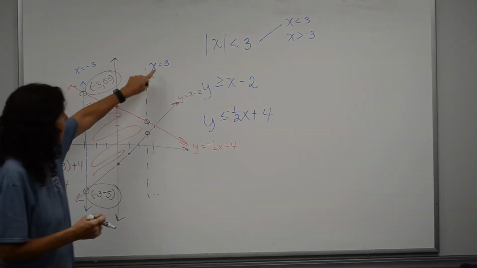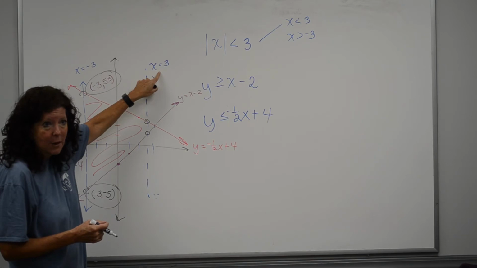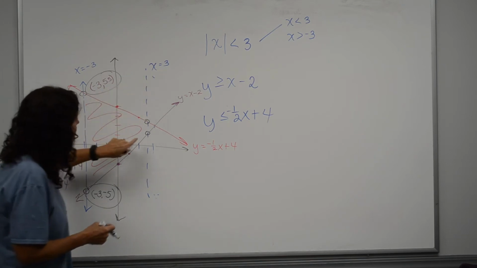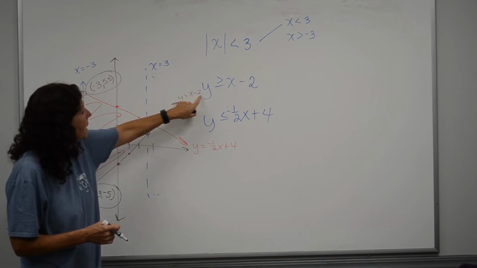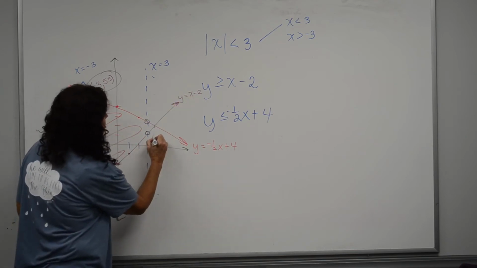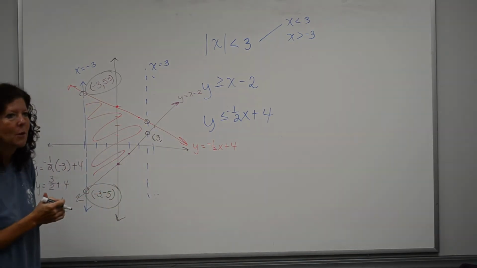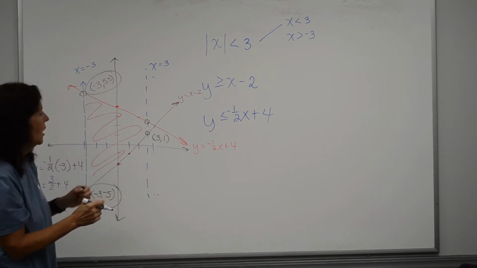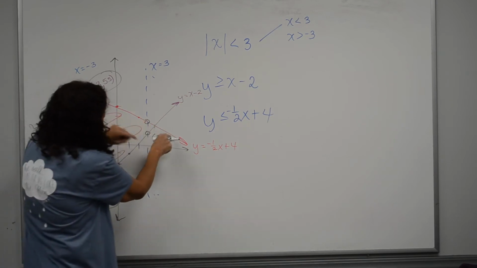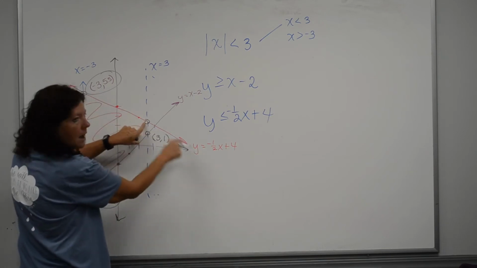Doing the exact same thing, but this time my x is 3, not negative 3. Okay, you with me? So let's say I plug it into that same equation I did. I have 3 minus 2, and I know my x is equal to 3. What is my y equal to? 1. Okay, girls, you getting it? You understand it? Okay, here is the intersection between x equals 3 and this red line.